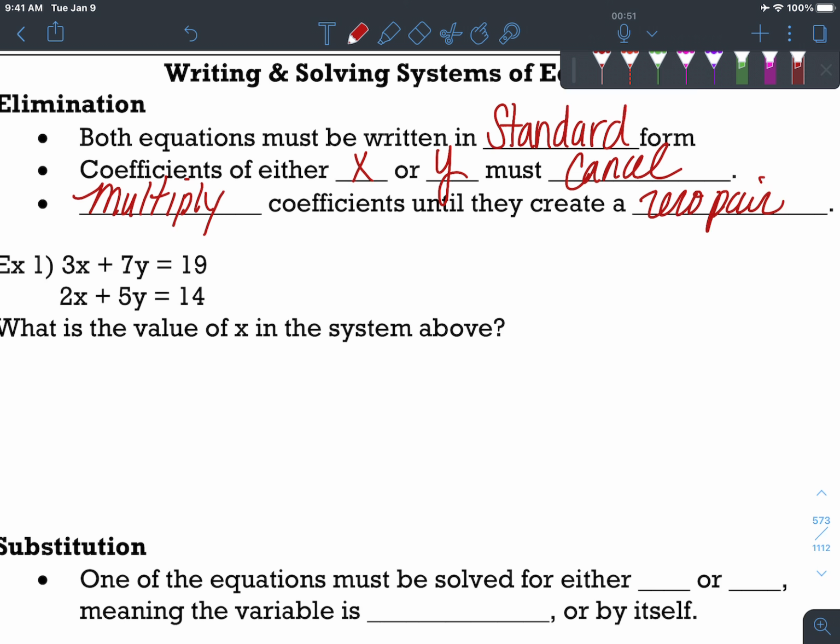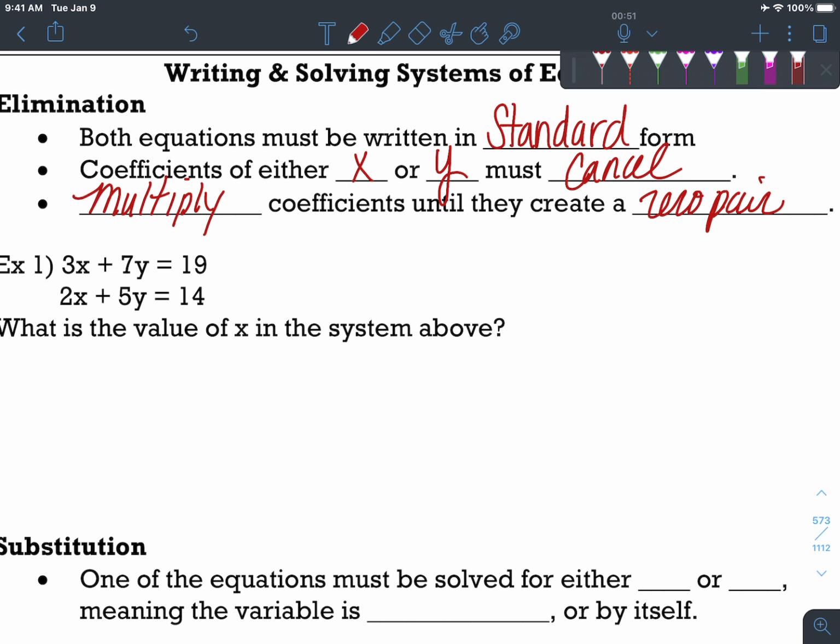So first, let's go ahead and focus on solving this one by hand. I see here that I have 3x, 2x, 7y, 5y. The easiest way to do this would be just to take each of the numbers and multiply the opposite equation. So taking my 2, multiply everything in the top equation by 2, and then taking my 3 and multiplying everything in the bottom equation by my 3.